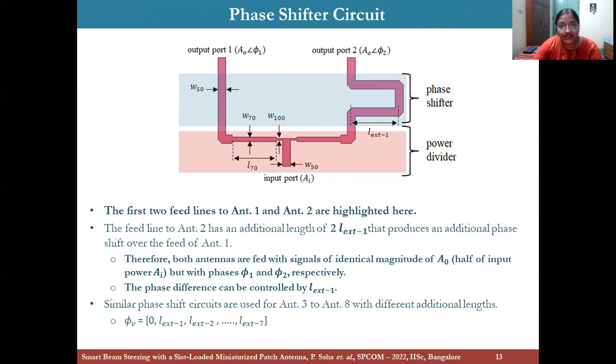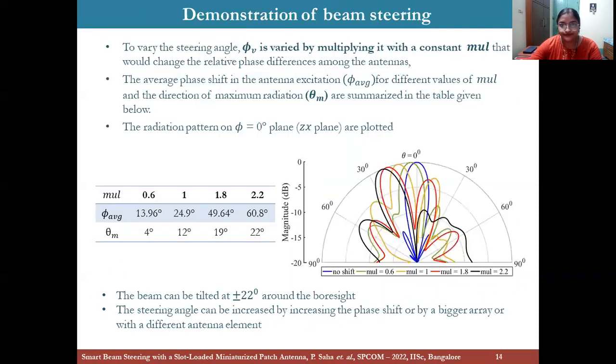A phase shift vector phi v is generated to summarize all of the extra lengths that are used for the phase shift operation. The radiation patterns on the phi equals 0 degree plane, that is the zx plane, are plotted in the figure.